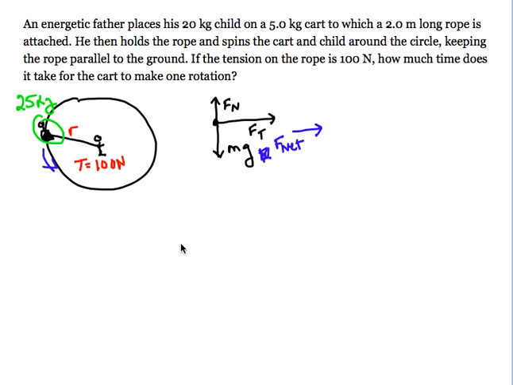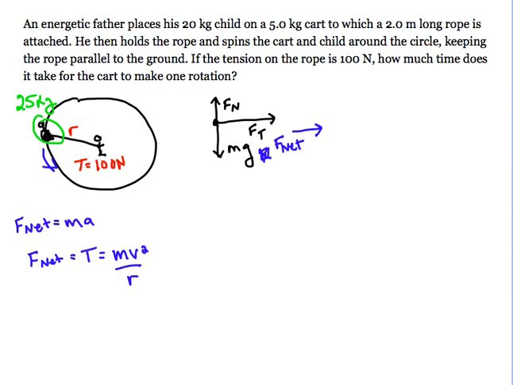Okay, so we know we have some equation where F net equals ma, and now we know that the F net is tension. So we have F net equals tension, and that is equal to mv squared over r, mass times acceleration.